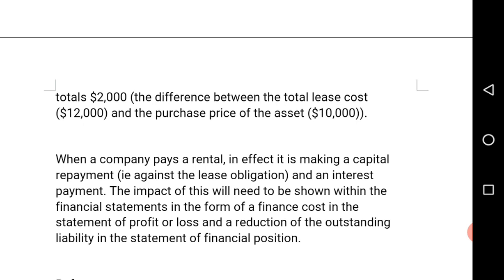And the capital part we got, that was 310,000 naira before, was deducted from the finance liability value in the statement of financial position, while the difference between 1 million and 310,000, which was 690,000, which was the interest payment, should be expensed in the income statement.